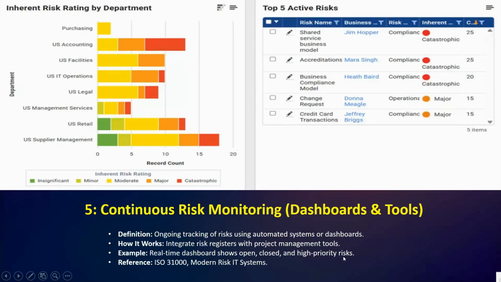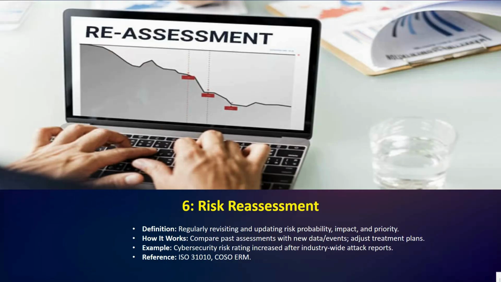I hope this is clear. Next we have risk reassessment. Risk reassessment is the process of reviewing risk at set intervals during the product life cycle. It ensures that risk information stays updated as conditions change.